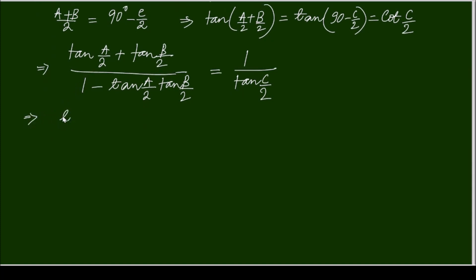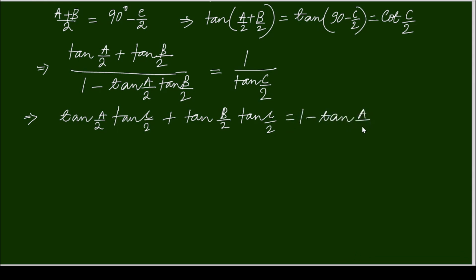So I'll get tan A by 2 tan C by 2 plus tan B by 2 tan C by 2 equals 1 minus tan A by 2 into tan of B by 2.